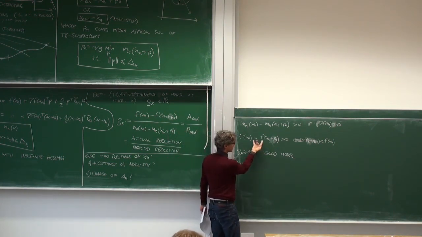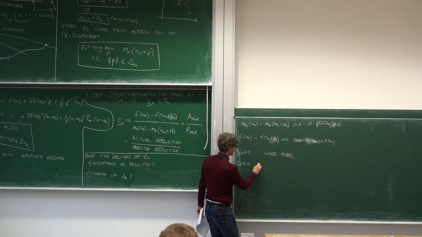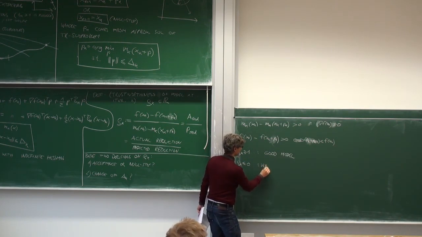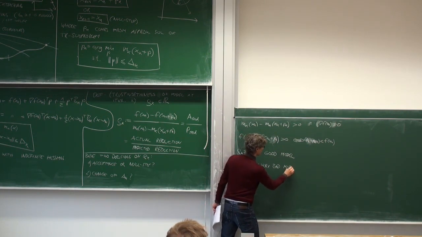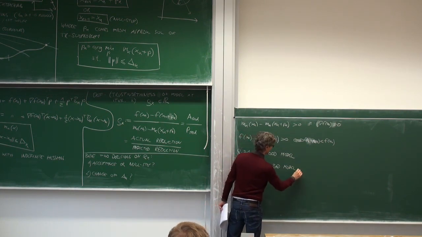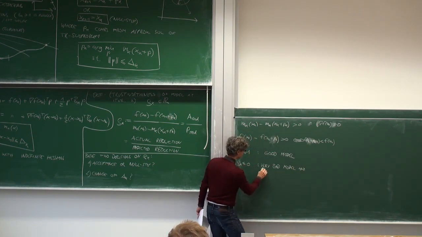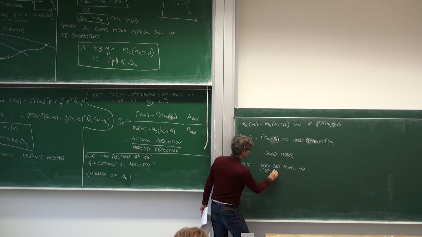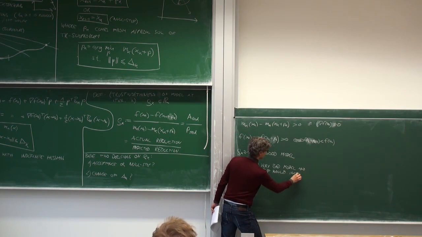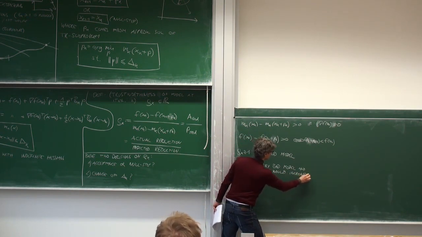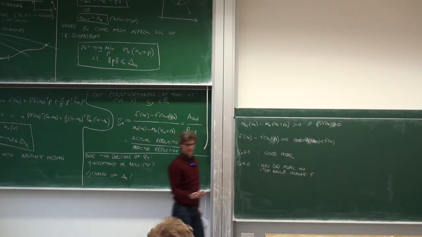So we would have exactly the contrary of this. We would have a very bad model, and the step must be rejected, right? The step would lead upwards, would increase f. So that would not be a good step for sure.